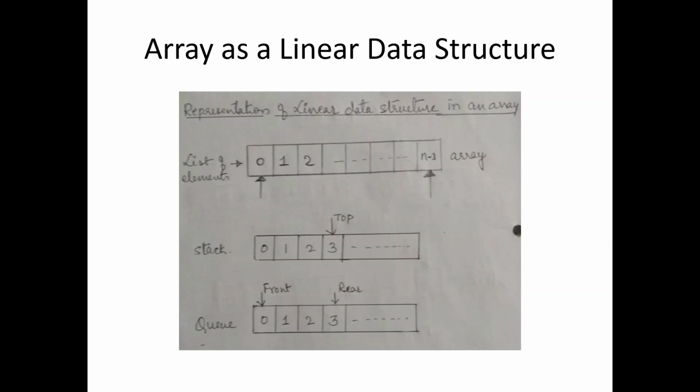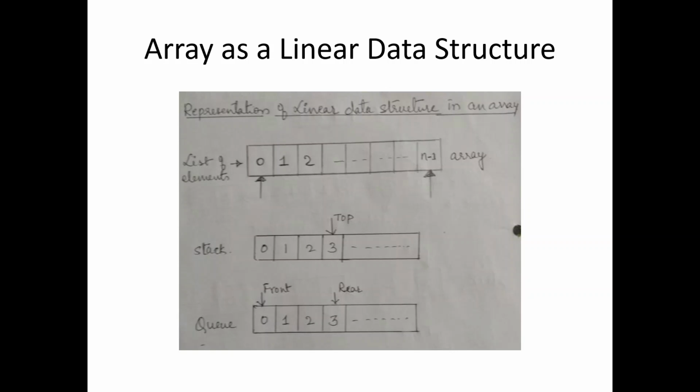Now I'll show in the figure. By this diagram you will come to know how the array is a linear data structure. Example, that is array. So in this the array is represented in the sequential form, that is index starts from 0 to n minus 1.